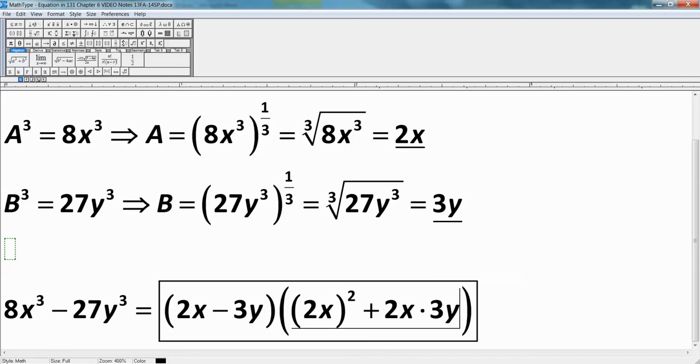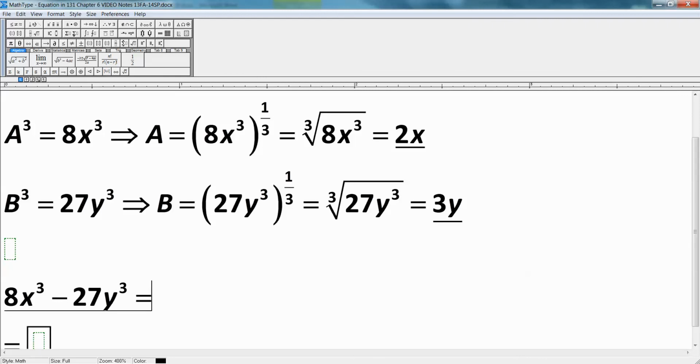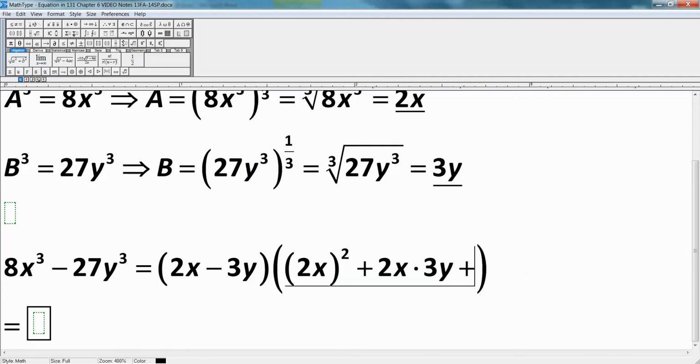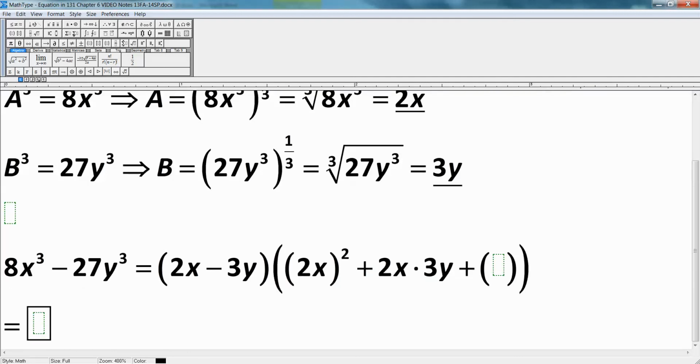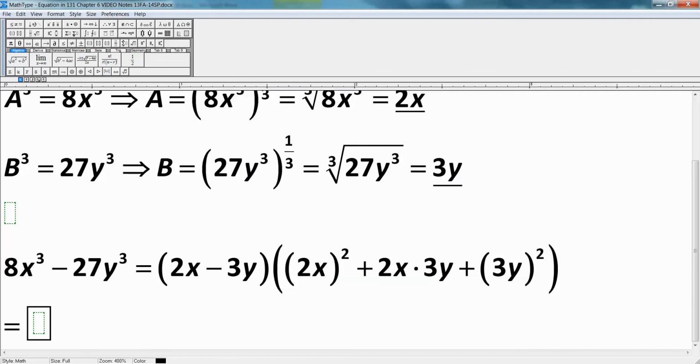This one's actually going to have some work for us to do. And then plus 3y all squared, because you want to square all of b. It says take all of b and square it, so I want all 3y squared.